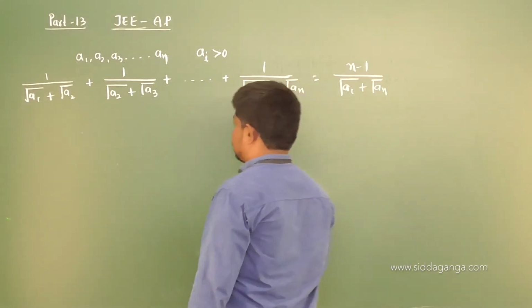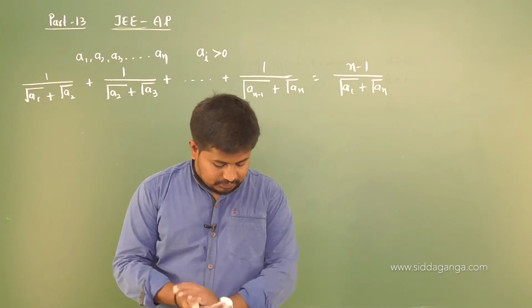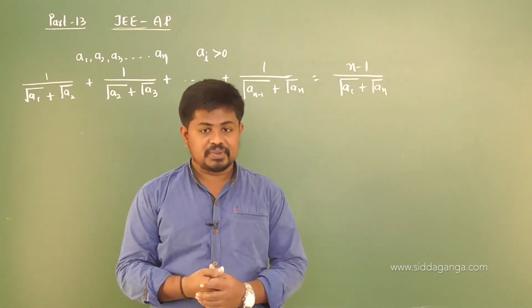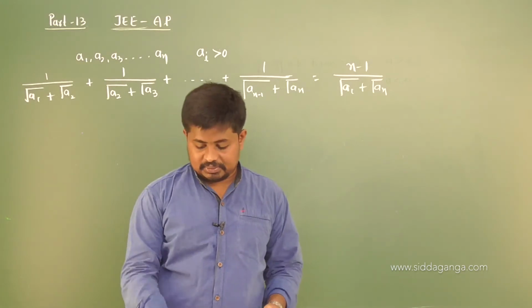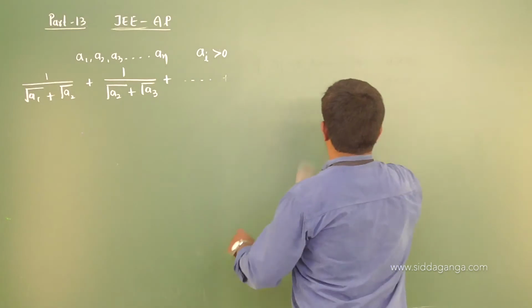This is also a standard result for n number of elements. So these are some standard results we are going to use in this class. Okay, let me move to questions.